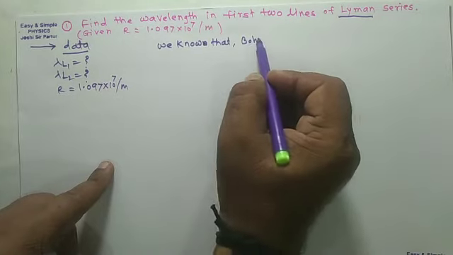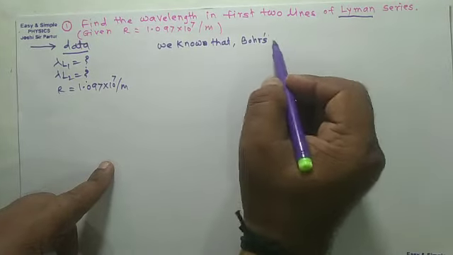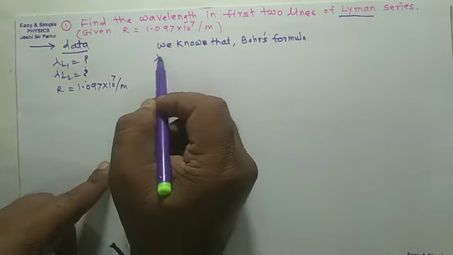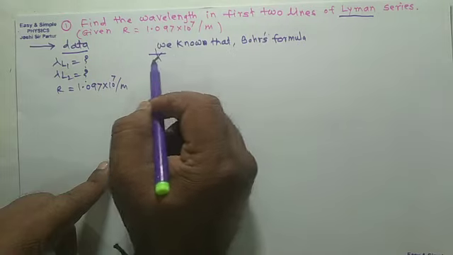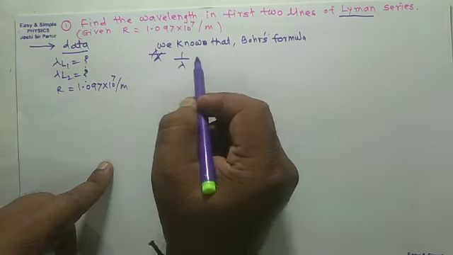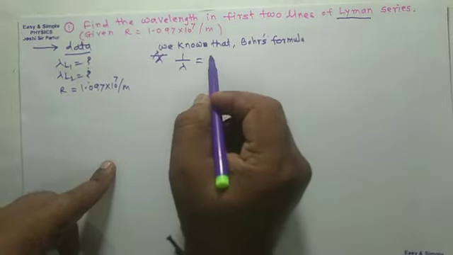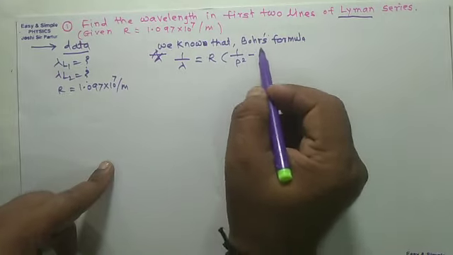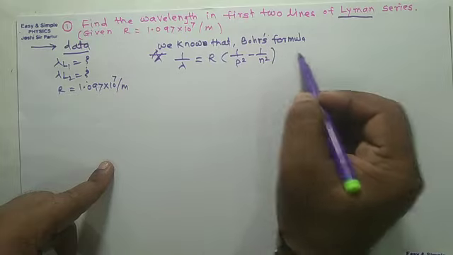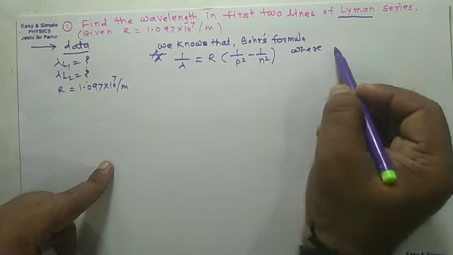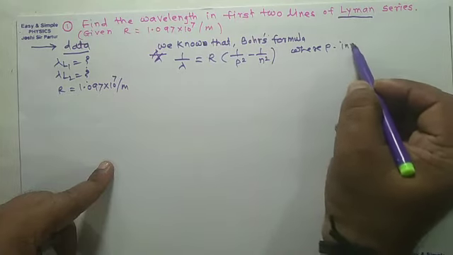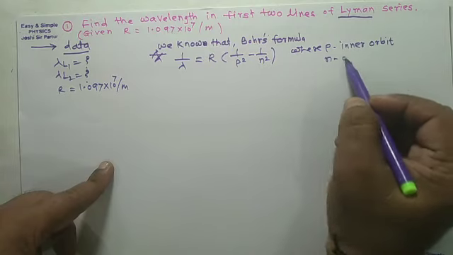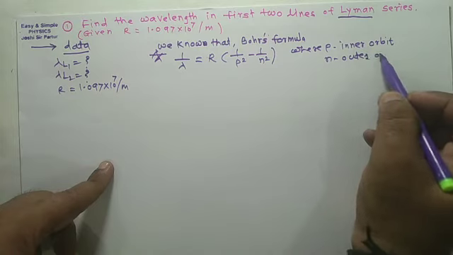So first we know Bohr's formula. In this Bohr's formula, we can write 1 upon wavelength lambda is equal to R in bracket 1 upon P square minus 1 upon N square, where P is the inner orbit and N is the outer orbit.